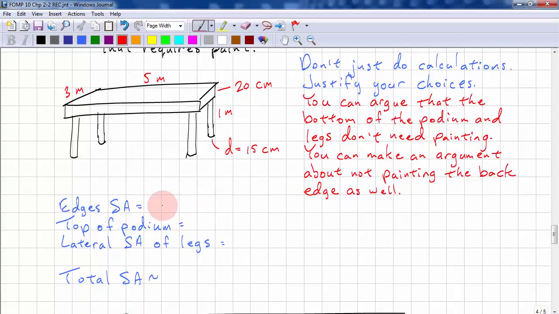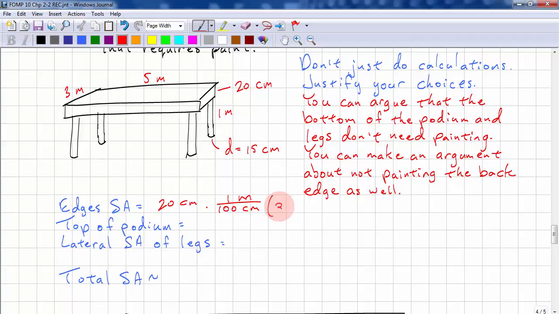The edge surface areas. So we have, this is 20 centimeters, but we need to convert this to meters. So there's 100 centimeters per meter. And we need to multiply this by this edge, and this edge.